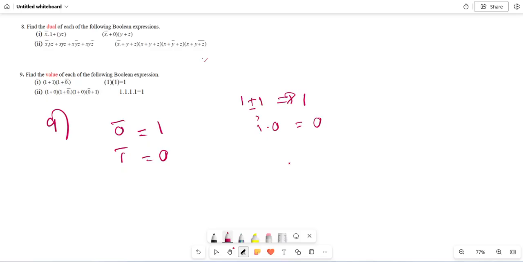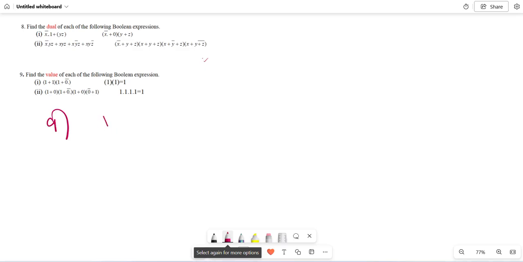So then we'll go to solve this one. 1 plus 1 and 1 plus 0 bar.